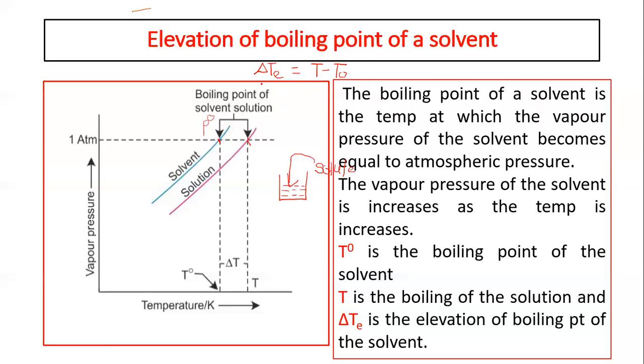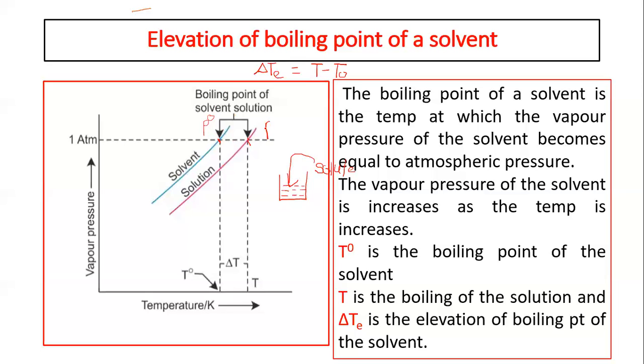Okay, so let us first understand these two plots. At vapor pressure P0, the corresponding temperature is T0. Let us now take the 2 points onto the solution curve.